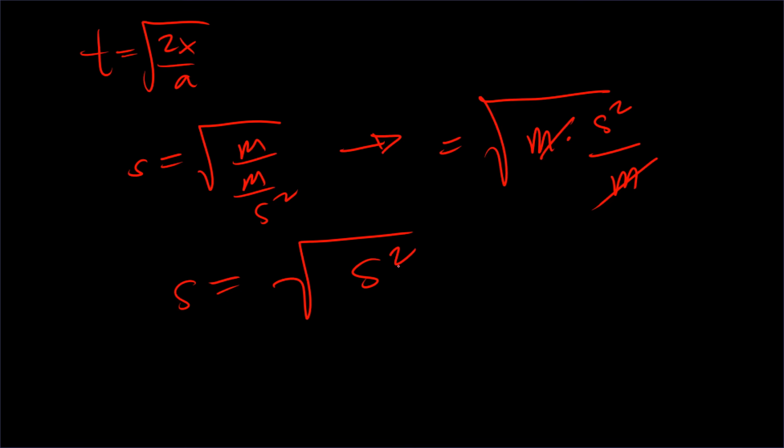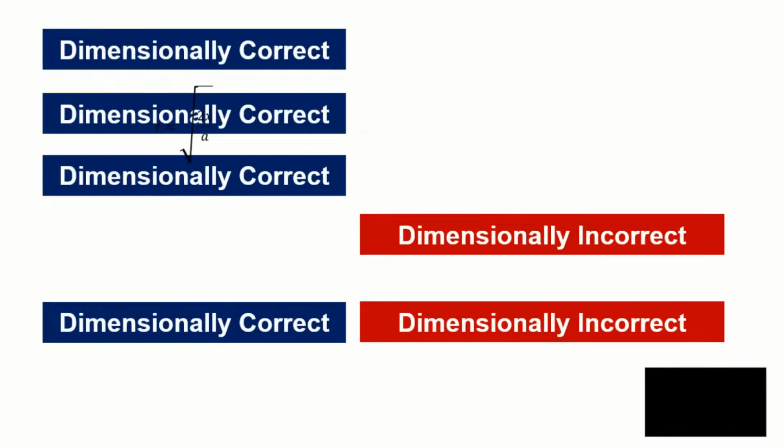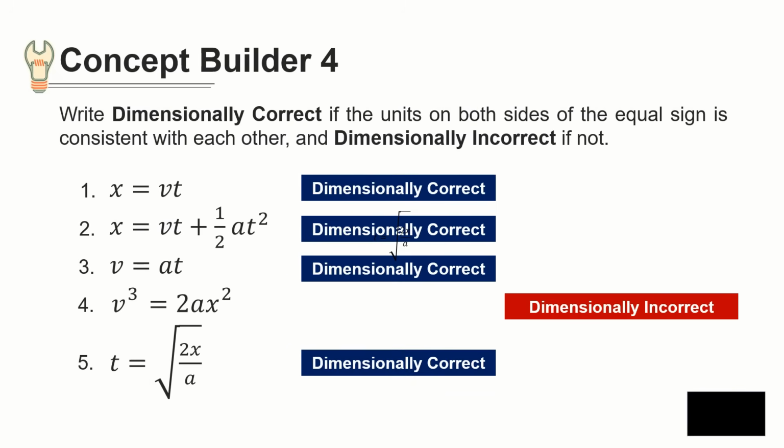So, square root of second squared. So, second is equal to second. So, this is dimension of unit of time, and this is also a unit of time. So, since pareho yung sa magkabilaan, so therefore, this equation is dimensionally correct. So, we can use this equation to solve for the value of time. So, ito lang yung dimensionally incorrect dito sa given natin.